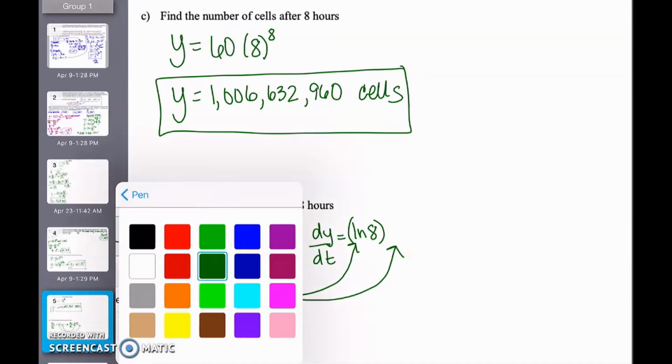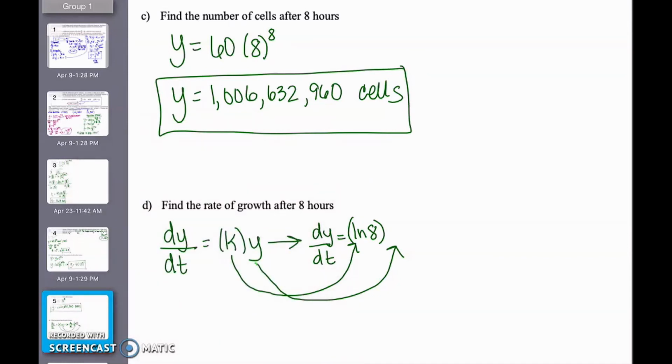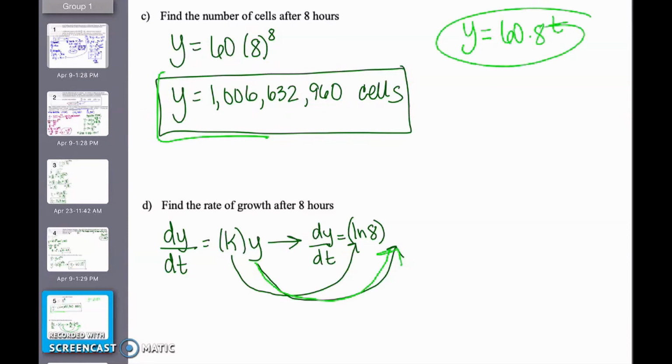This is y right here. Hang on, let me switch colors so I can illustrate that. My y is equal to 60 times 8 to the t power, right? There's my y.